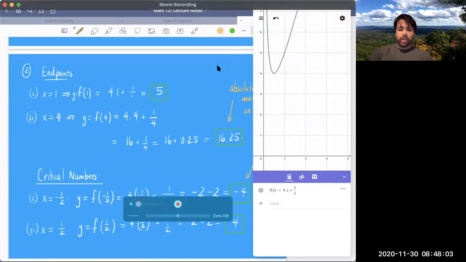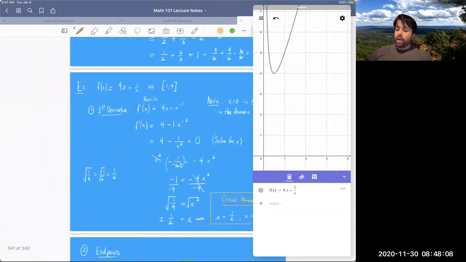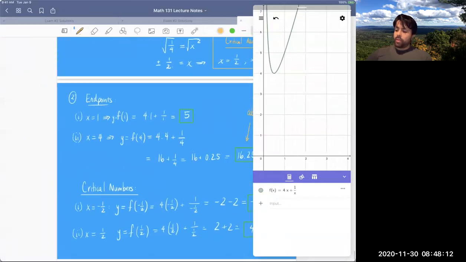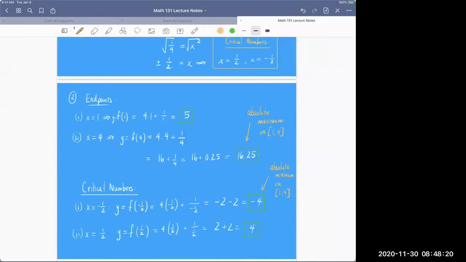Wait, what interval am I on again? Oh, I'm on 1 through 4. So pardon me. So do you see how that changes? It changes the absolute minimum.